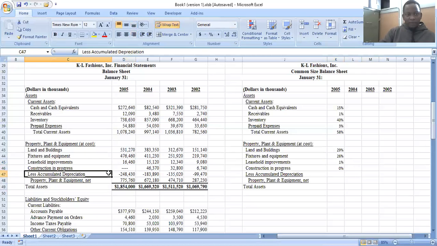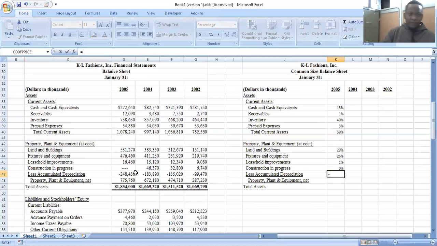Then we have less accumulated depreciation, negative 248. The ratio for accumulated depreciation shall be equal to the accumulated depreciation divided by the total assets, negative 248 divided by 1854, which gives us negative 13%.